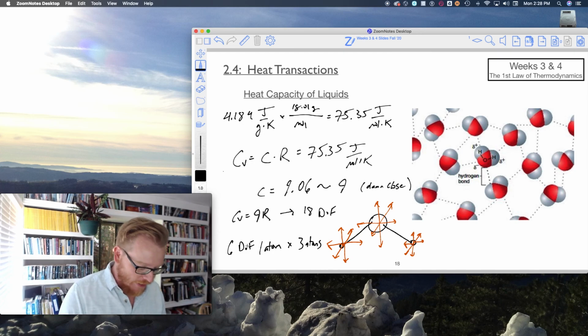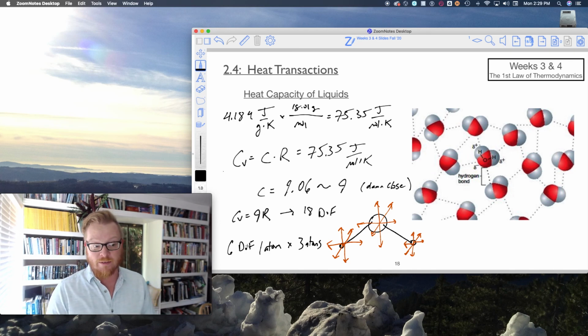If I go the other way, suppose I just calculate 9R, 9 times 8.314 gives me 74.826, okay? And now if I divide that by the molar mass of water, 18.01, I get 4.155. That's really damn close to the measured specific heat capacity of water.